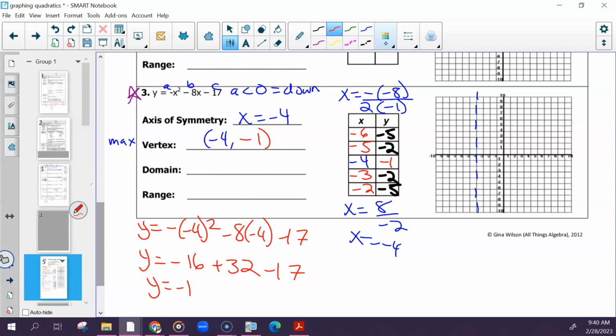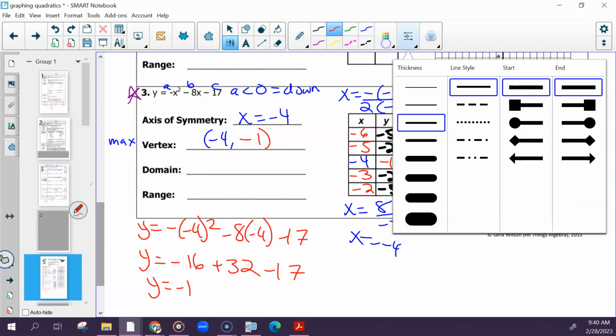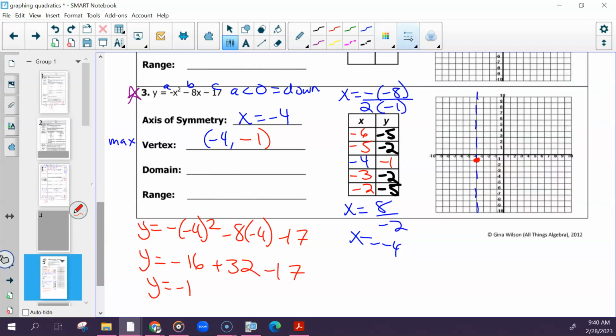Then you would graph all those points. So negative 4, negative 1, I'll start there. Negative 5, negative 2, negative 6, negative 5.